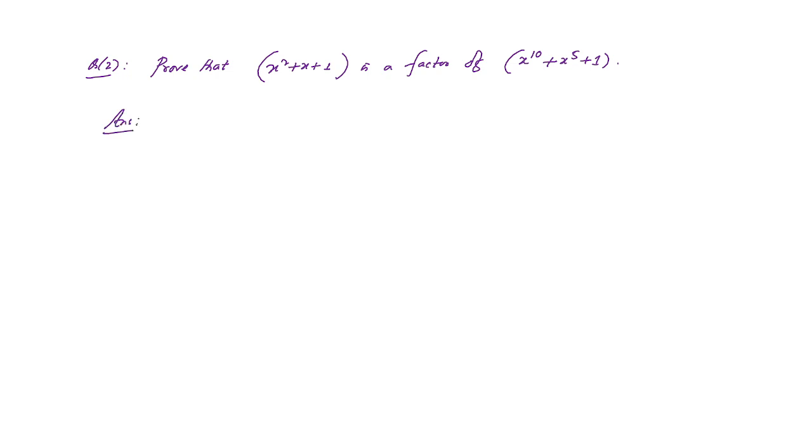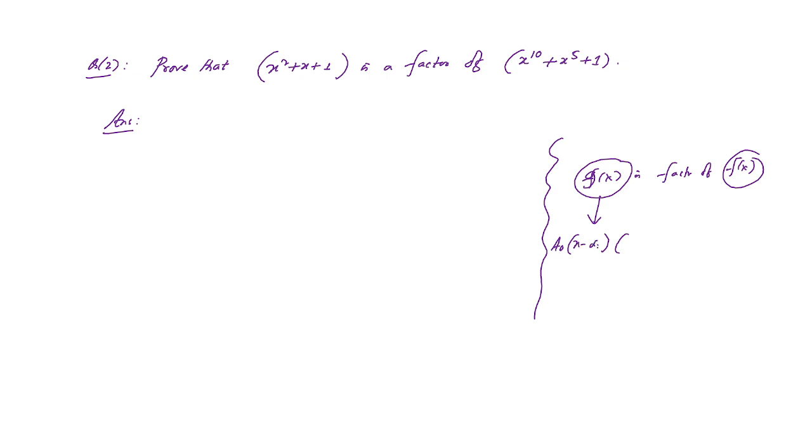Now the question is, when you are given that g(x) is a factor of f(x), where f(x) is a polynomial, you will write g(x) as a product of linear polynomials. After that, you will check whether x equals alpha 1 and x equals alpha 2 are roots of f(x) or not. This is the algorithm you need to follow by the factor theorem.